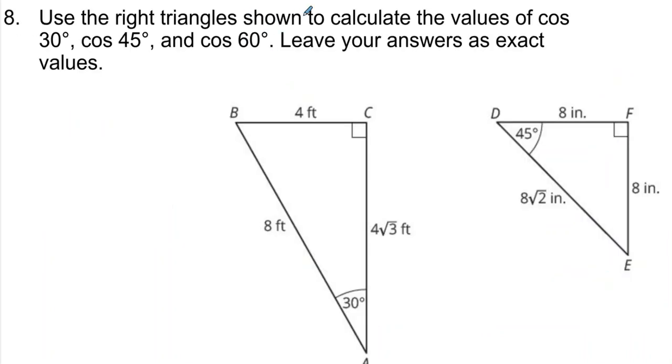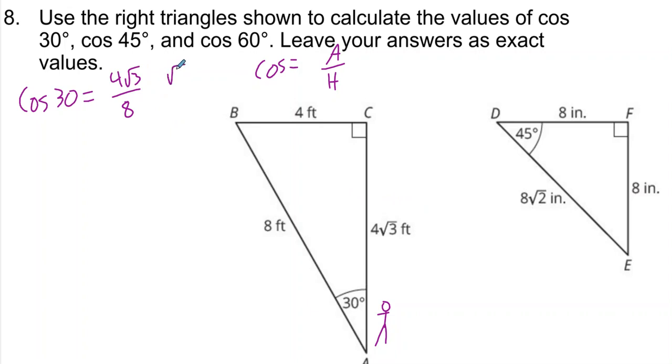So use the right triangle shown to calculate the values of cosine of 30, 45, and 60. So I'm going to be right here. Cosine is adjacent over hypotenuse. So the cosine of 30 equals 4 square root of 3, that's my adjacent, over 8, reduced to square root of 3 over 2.